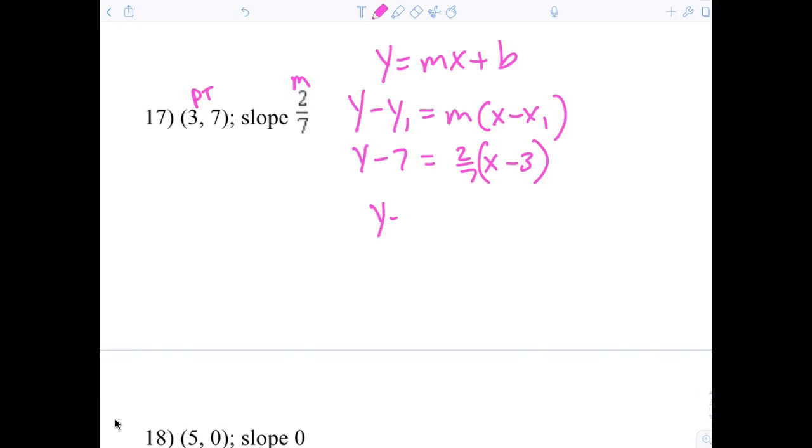So y minus 7 equals 2/7 x minus what? Come on, guys. Minus what? Someone. Thank you. 6/7. Now I heard one person say the answer. That's it. One.